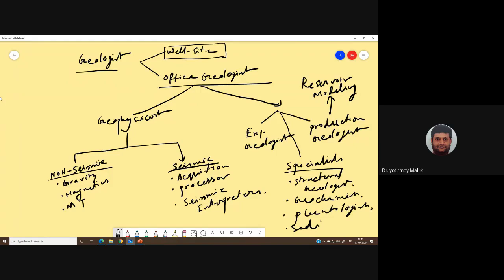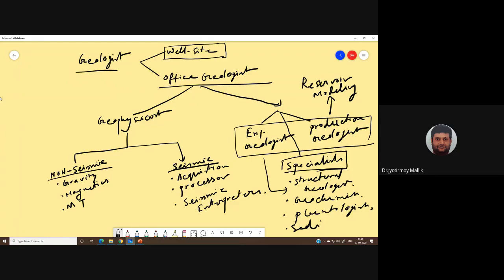Other than that, you have structural geologists, geochemists, paleontologists, sedimentologists. They are called specialists, and the production geologists and exploration geologists are called generalists. They do the major part of the work, and the specialists are generally called for special advice when they are required.